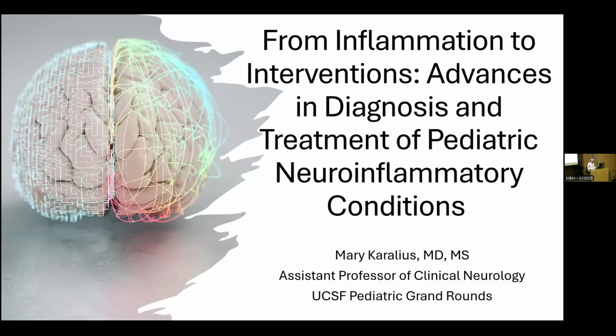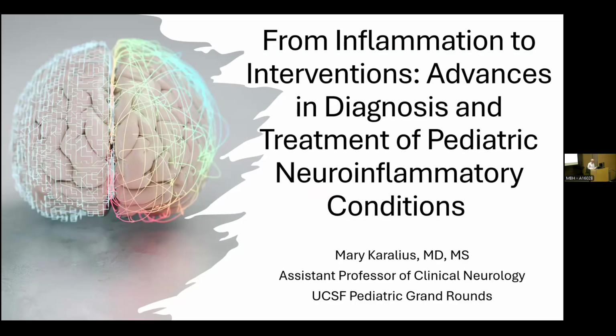We have one of our Frontiers in Child Health Research seminars, and I'm delighted to introduce our speaker, Dr. Mary Karalius. Dr. Karalius is a child neurologist and immunologist here at UCSF who did her training with us. She leads an NIH-supported research program to advance genomic tools to develop immune signatures that can better distinguish between autoimmune and infectious encephalitis.